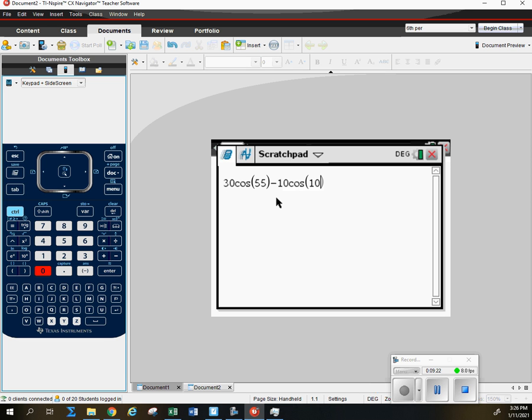Double check and make sure that only the angles are in those parentheses. If I had done the 30 cosine in my parentheses, was 55 minus 10 cosine another parentheses 10, and then close both the parentheses, my calculator would be very, very confused as to what kind of an angle I wanted to take that first cosine of. So we enter both of those at once, and that is what our i hat is going to be.